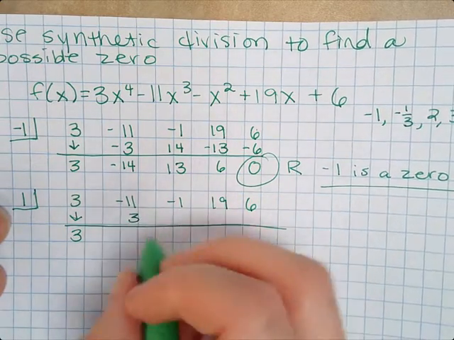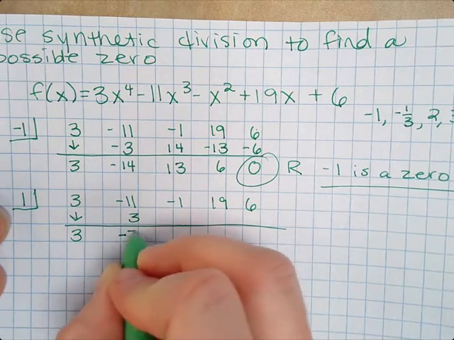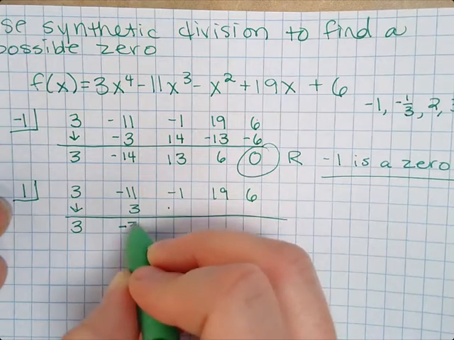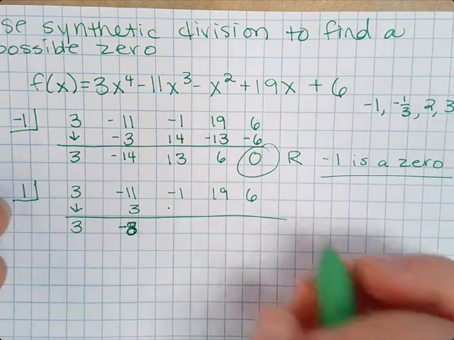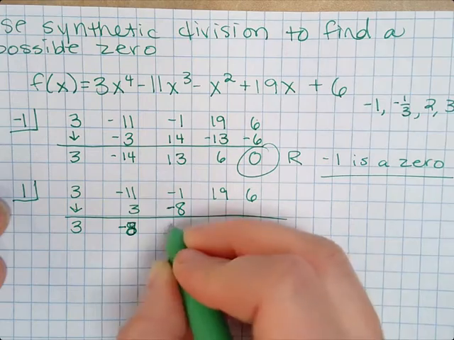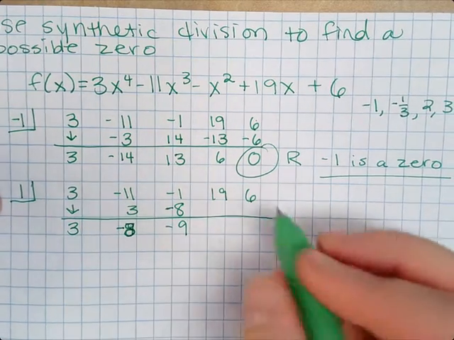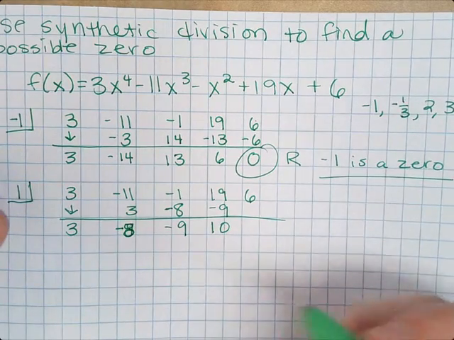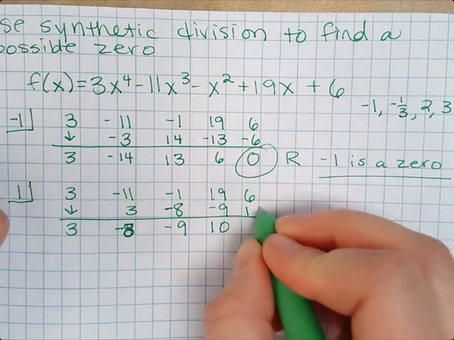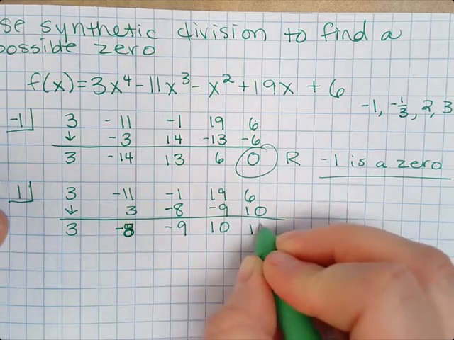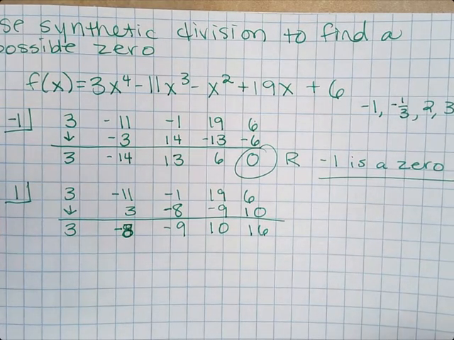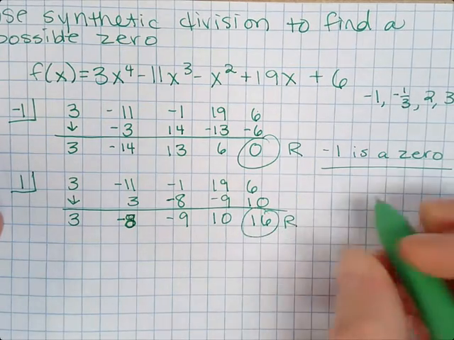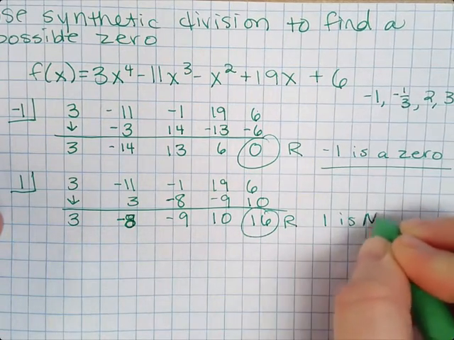That'd be 3. That would be -7. -8. There we go. Then -8. -9. 10. Is this right? 16 the remainder? Okay, so since 16 is the remainder, 1 is not a 0.